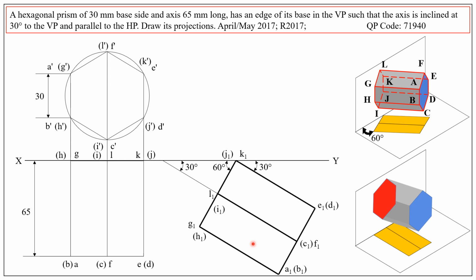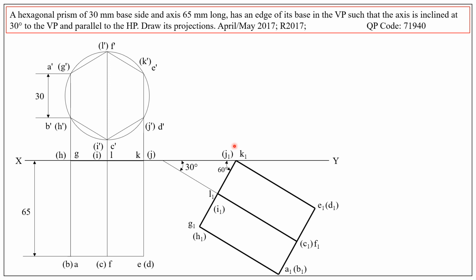Now we need to obtain the required front view above the XY line. How to do that? To obtain the final front view, draw projectors from each and every corner point in the top view.